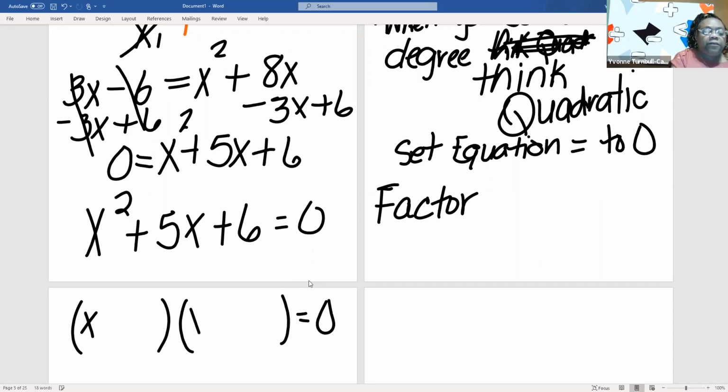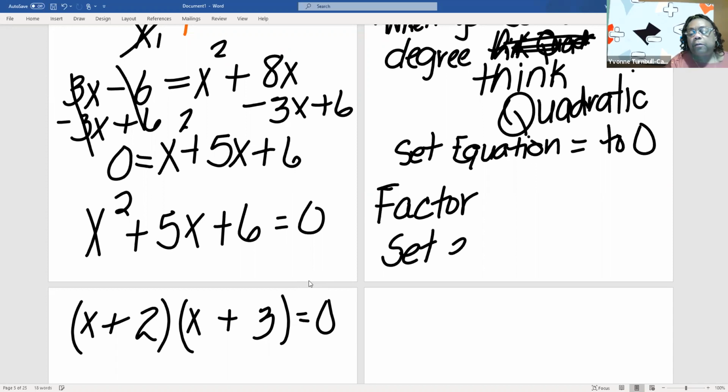The 2 factors of 6 that get 5 are 2 and 3. Everything's positive, so both parentheses will have plus. You're going to set each factor equal to 0.